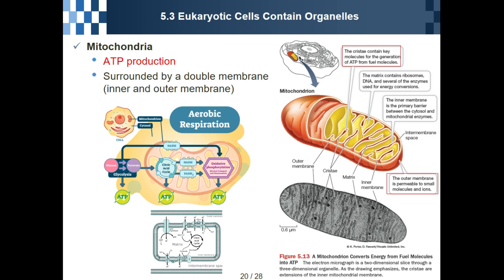Usually the cristae contain lots of molecules for generation of ATP. So this is the inner membrane. They have complex 1, complex 2, complex 3, and ATP synthase, like this. So this is the cristae.